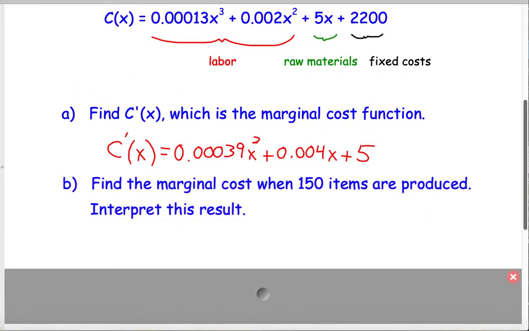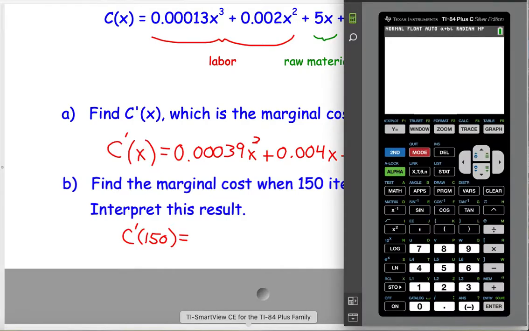Find the marginal cost when 150 items are produced and interpret what this means. So we need to find C'(150). And so grab a calculator.